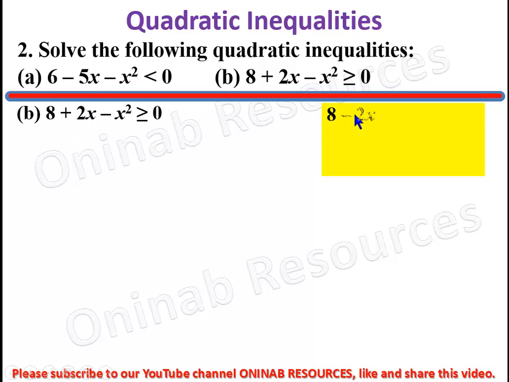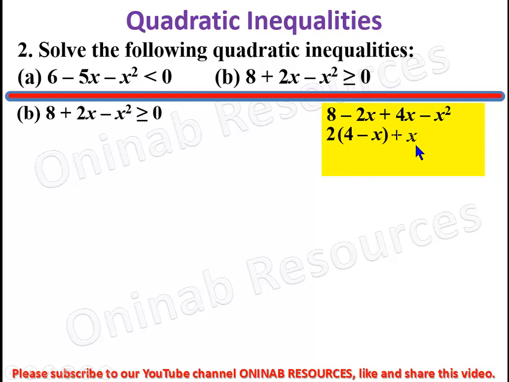So we have 8 minus 2x plus 4x minus x squared. Here 2 is the HCF, so we bring out the 2. 8 divided by 2 gives 4. Negative 2x divided by 2 gives negative x. For the second part, x is common there.